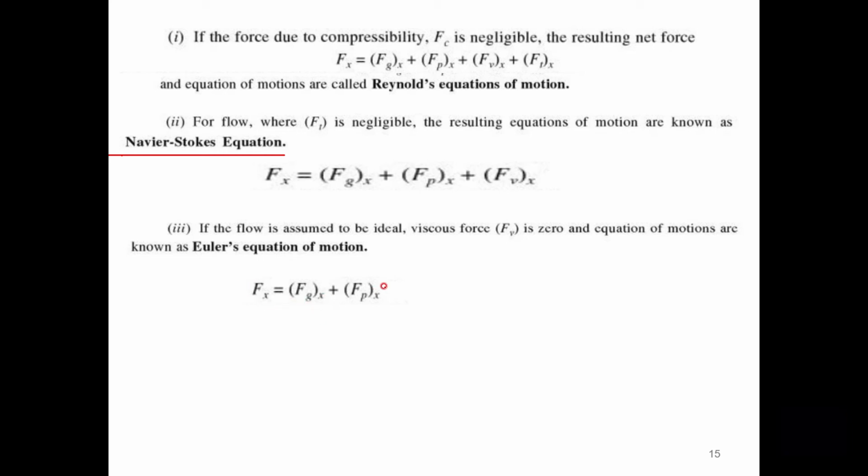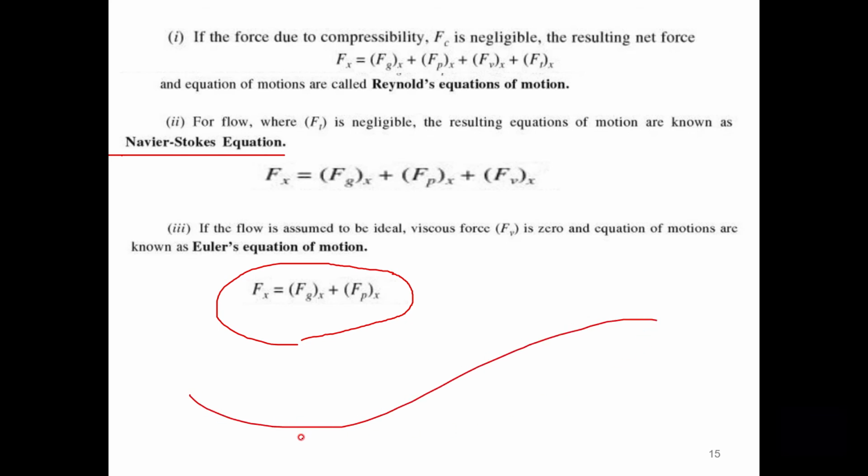So this is very important for our study in this particular chapter, that is Euler's equation of motion. Considering this equation, Euler has derived the equation for a streamline. You know what we mean by streamline flow, and he derived one equation that is called Euler's equation of fluid motion.